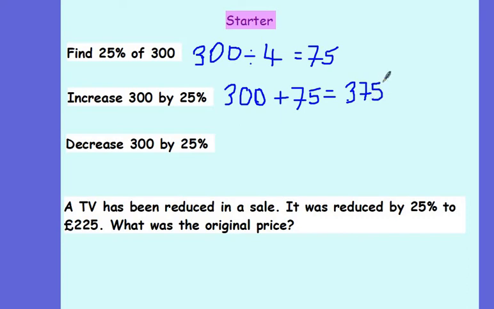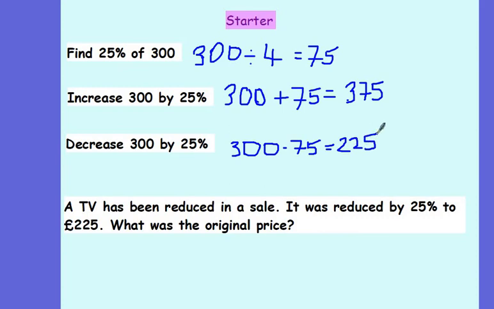So the next question said to decrease 300 by 25%. Again, we already know what 25% is, so if we decrease it, we just need to do 300 subtract our 75, which gives us 225. That's going to help us with the last question.